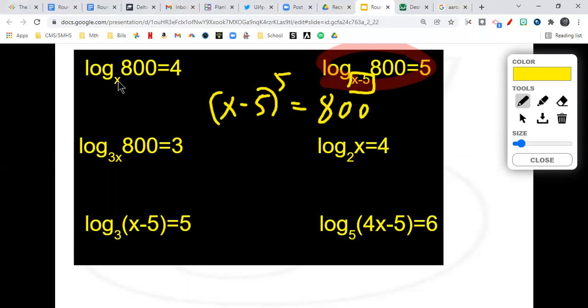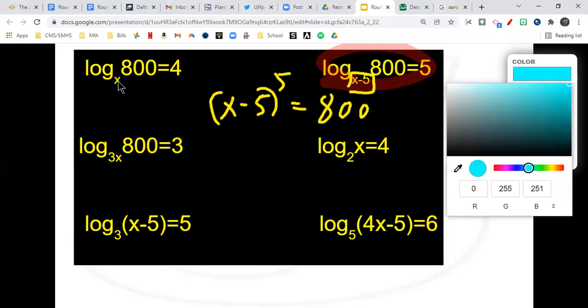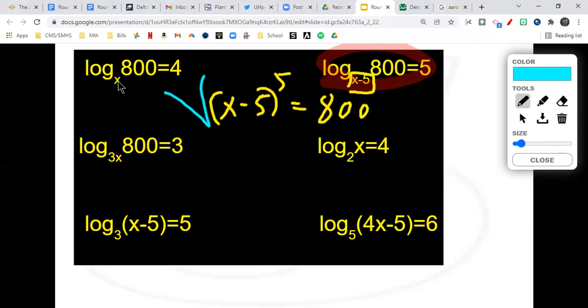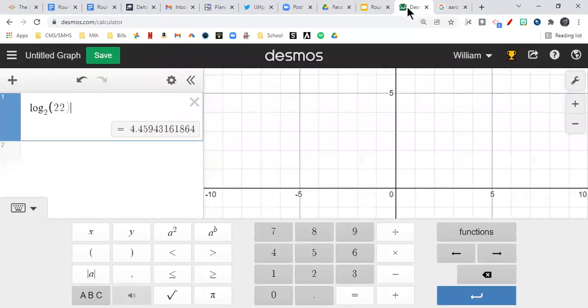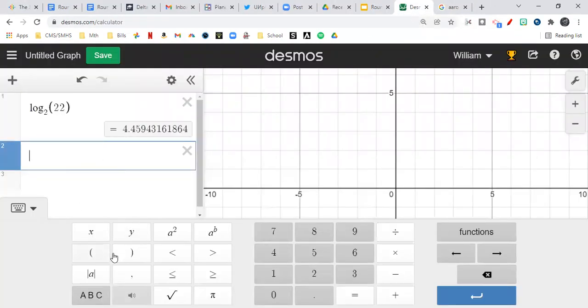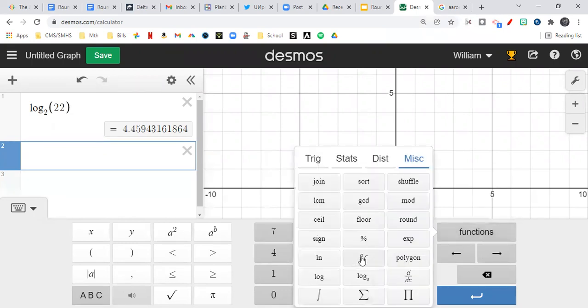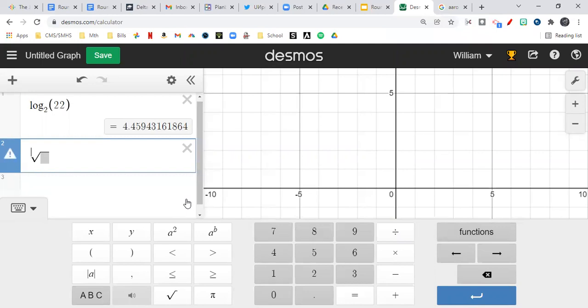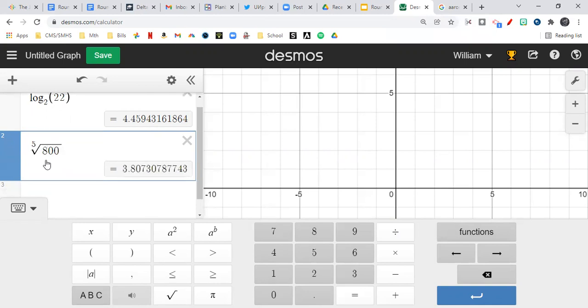All right. So now I need to get rid of this 5th power that it's being raised to, right? So what do I do? I take the 5th root, and I take the 5th root of 800. So let me come on over here and let's go to functions again and get this guy right here, put a little 5 in there and put a little 800 in there, and boom, we got 3.8.